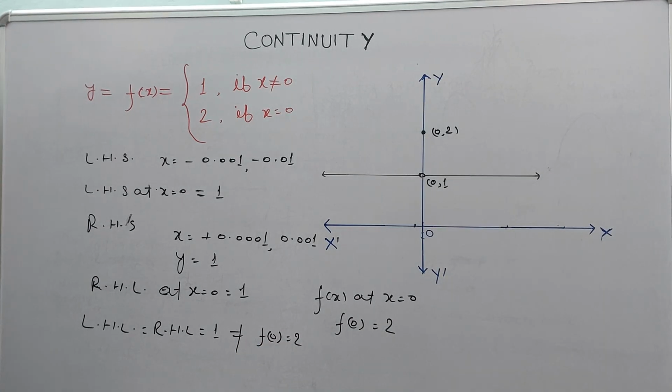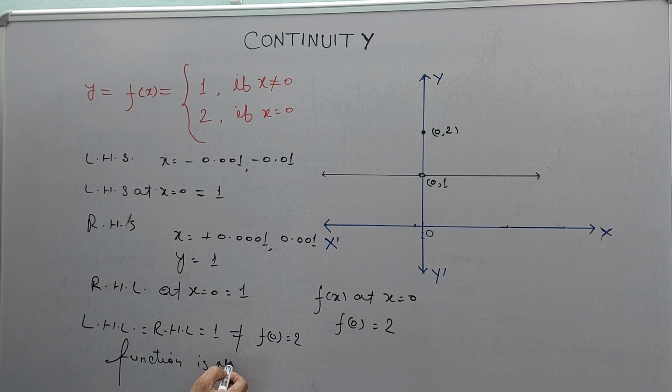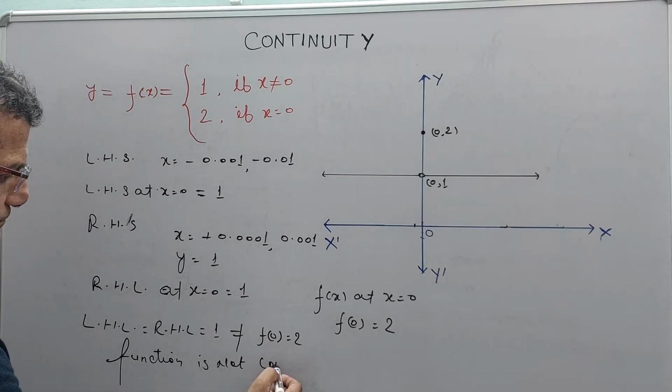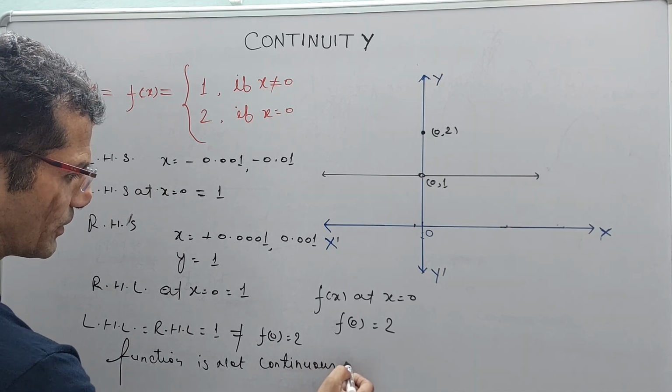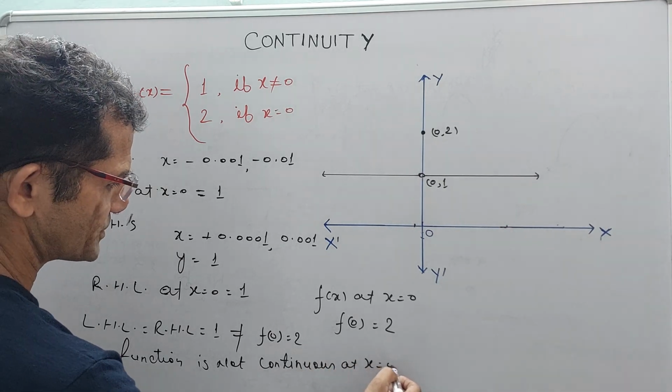So we say that the function is not continuous at x equal to 0.